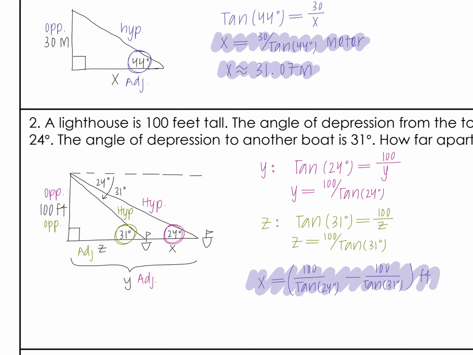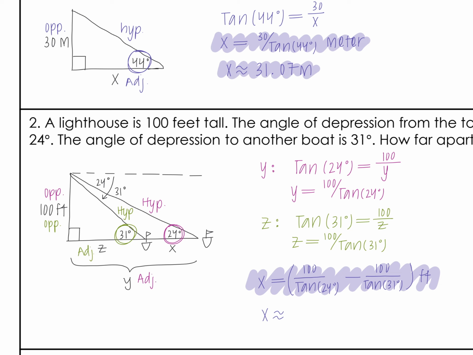And the one thing I do want to mention, I'm going to plug this into a calculator once again, but especially with you doing your homework, to make sure we have our most accurate answer, we do want to type into the calculator exactly what you see here, that 100 divided by tangent of 24 minus 100 divided by tangent of 31.